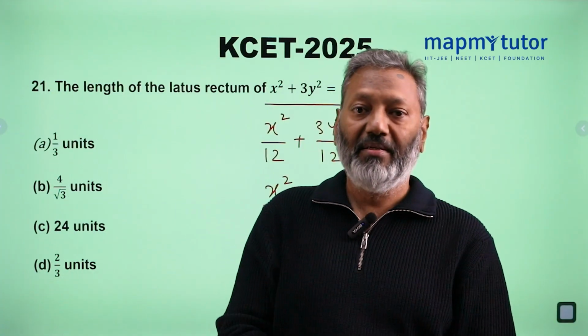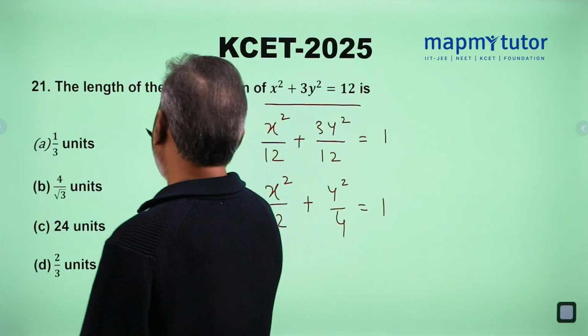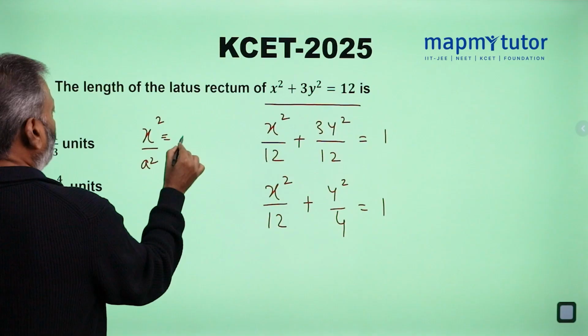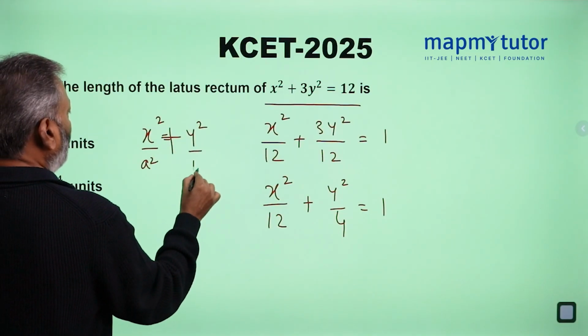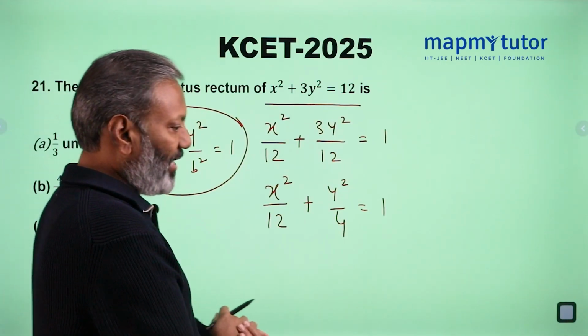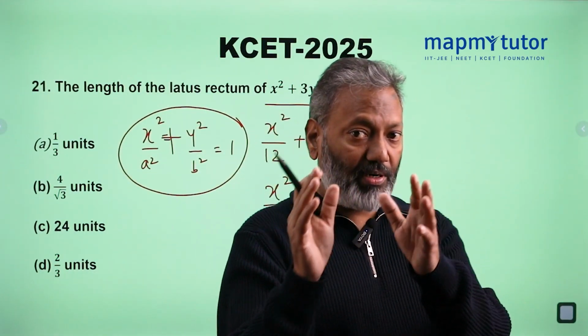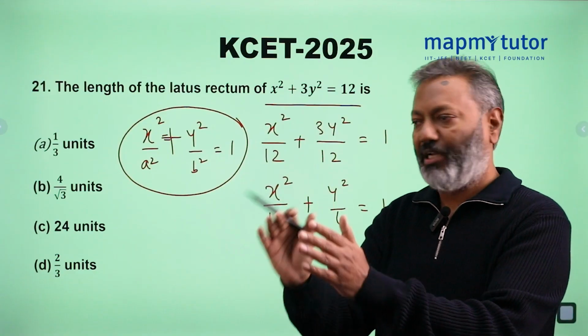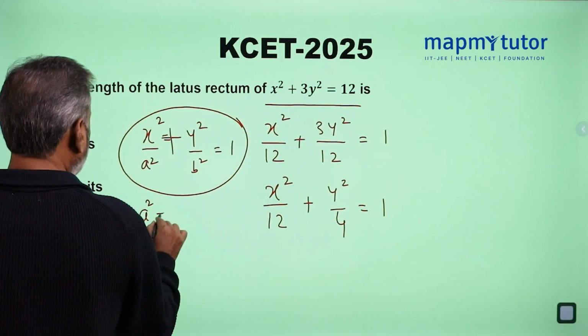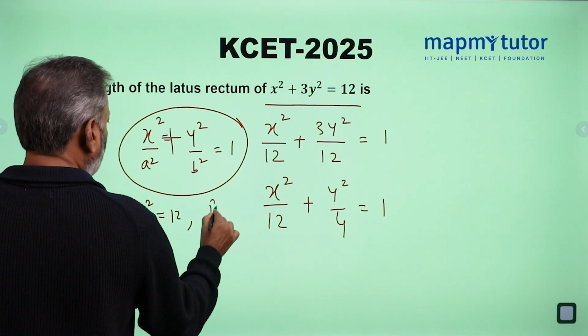Ellipse. Yes, you're right. Because the standard equation of the ellipse is what? x square by a square plus y square by b square equal to 1. Exactly. So what is a square in this question? 12. What is b square? 4.